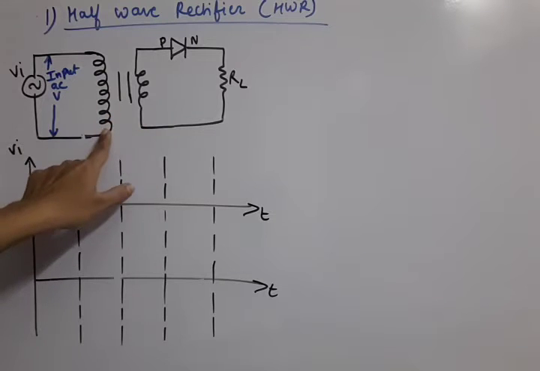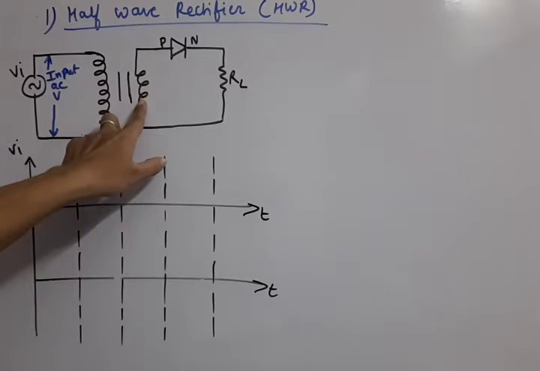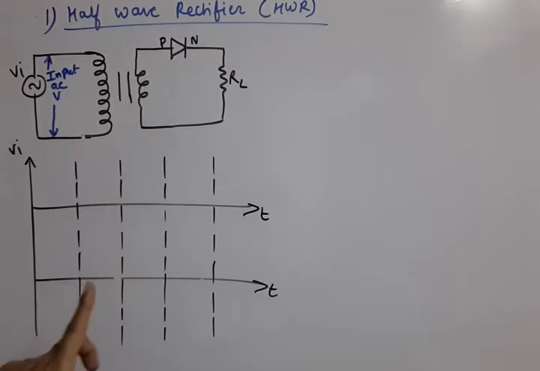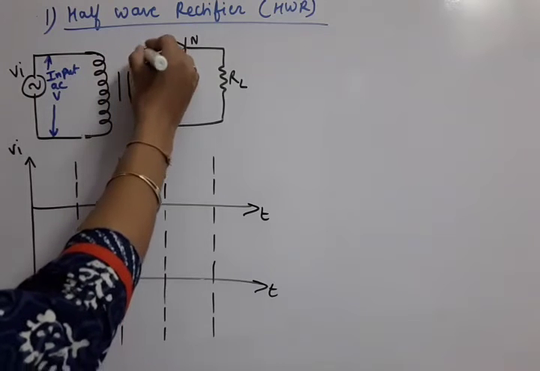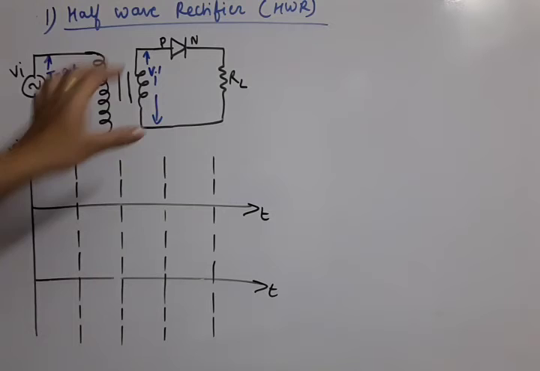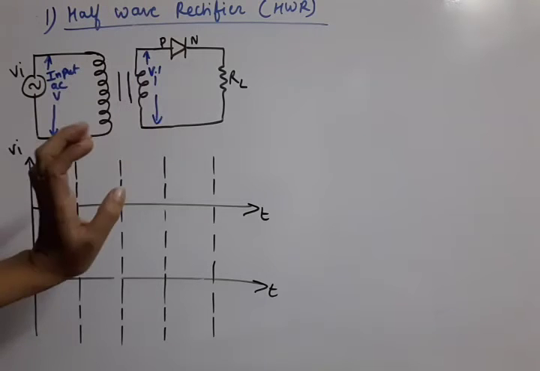This is the primary coil and this is the secondary coil. In the secondary coil the number of turns is kept less, so that we get less voltage across the secondary coil. We call it VI dash, which we now apply to the diode.